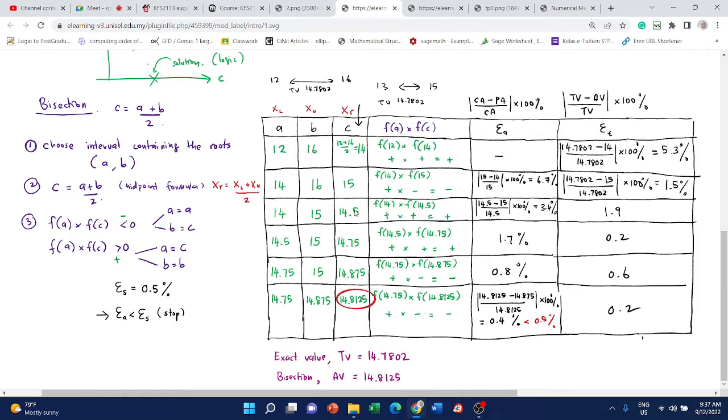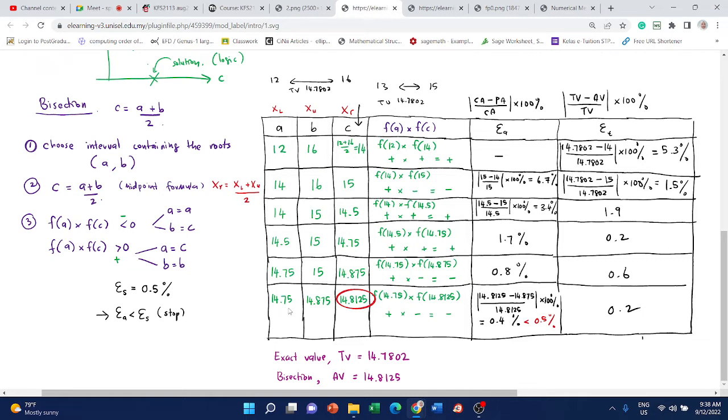So you have to repeat the computations and then check. Next, you have 3.4%, 1.7%, 0.8%.